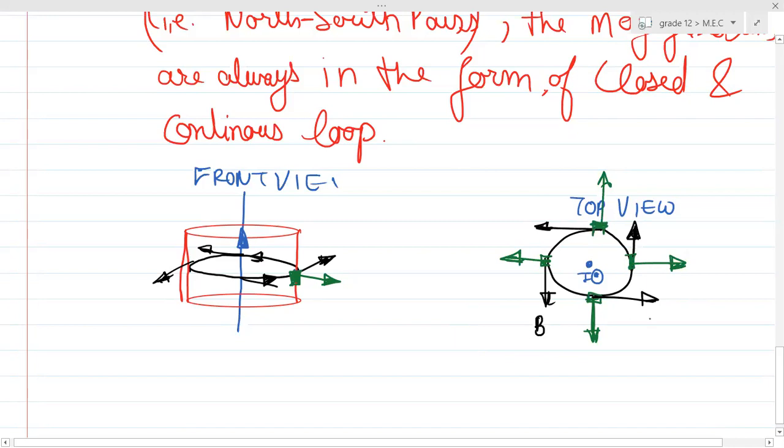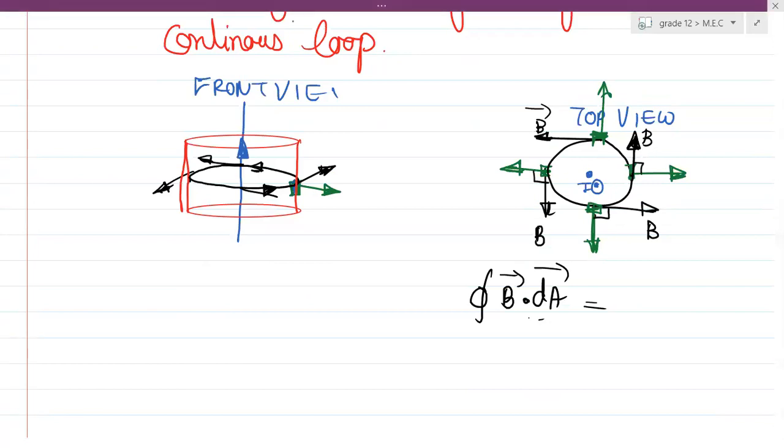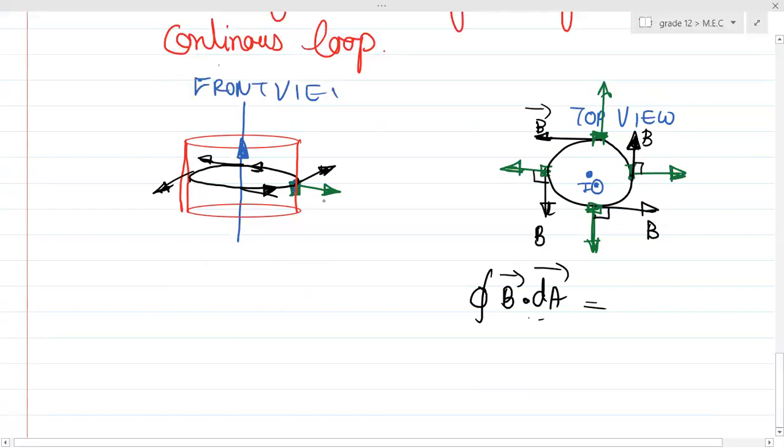So can you see, whenever we take B dot dA over here, the magnetic field is like this and the area vector is like this. The angle will be 90 degrees, yes or no? What is this green one? The green one is basically the area vector dA at any point.